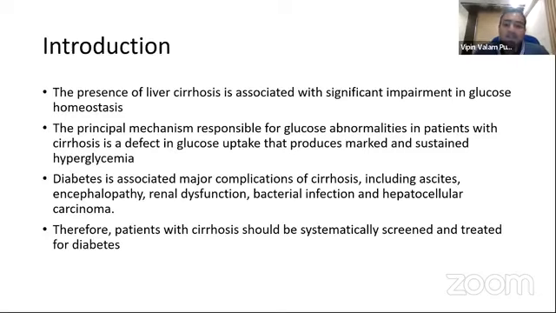When a patient with liver disease also has diabetes, the patient is likely to develop ascites, encephalopathy, renal dysfunction, bacterial infection, and HCC. So we have to screen patients with cirrhosis as well as chronic liver disease for the presence of diabetes mellitus, and the diabetes should be managed well so that it reduces mortality as well as morbidity.